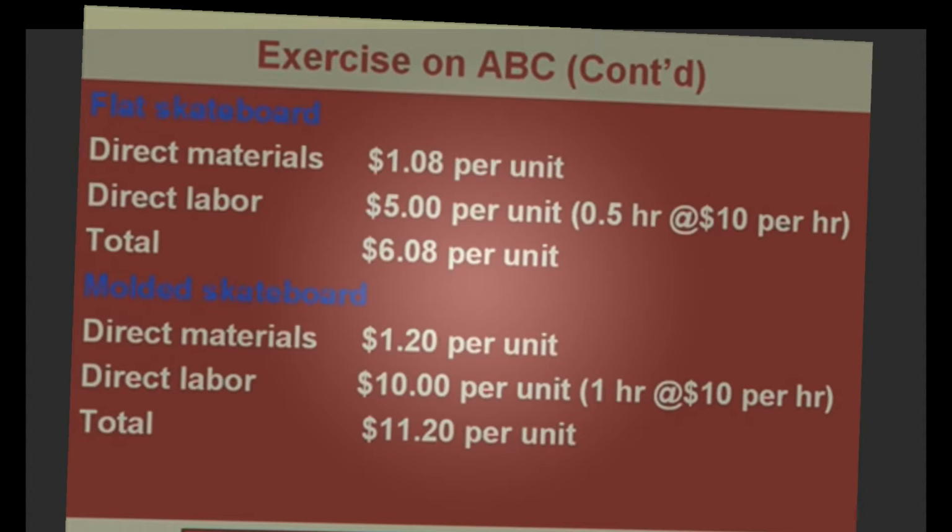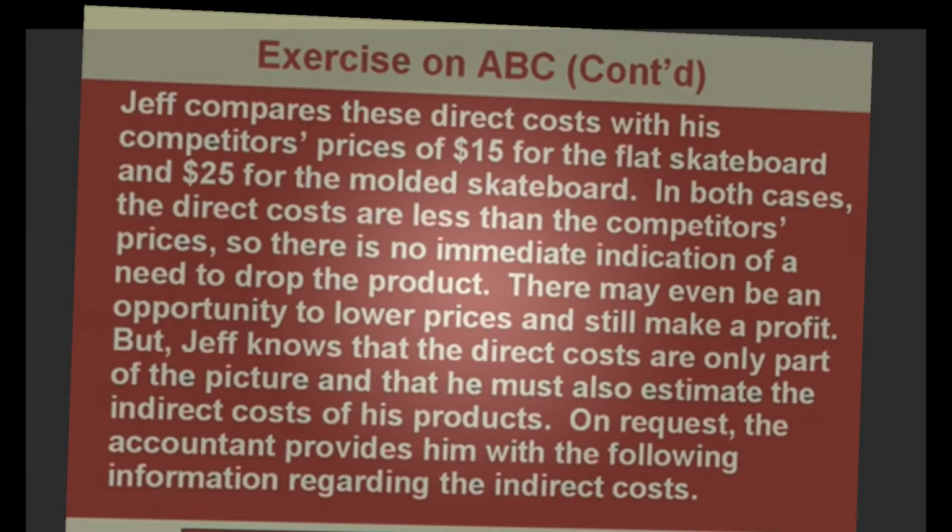In this page, I give you for flat and molded skateboards the computed material and labor costs. Print this page out too. You're going to need it. Here's some more information for you. Jeff, the owner, is wondering what the indirect costs or overhead related to his business are.